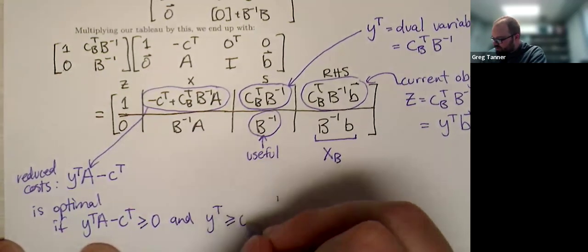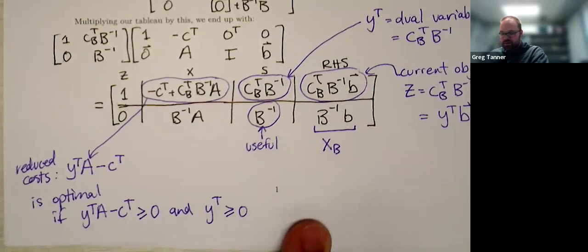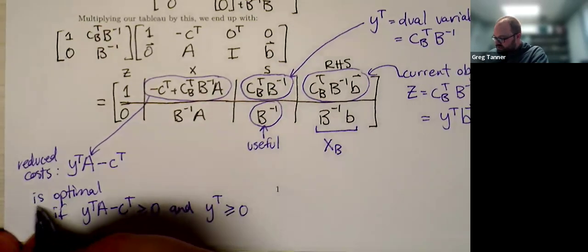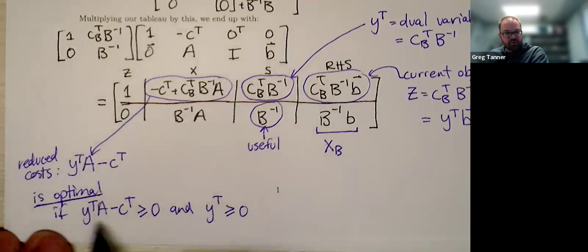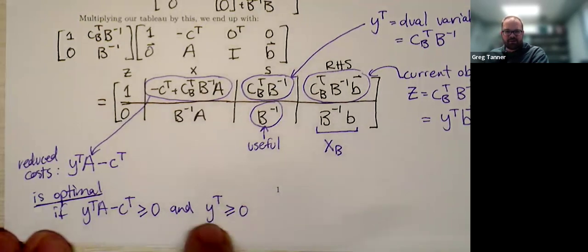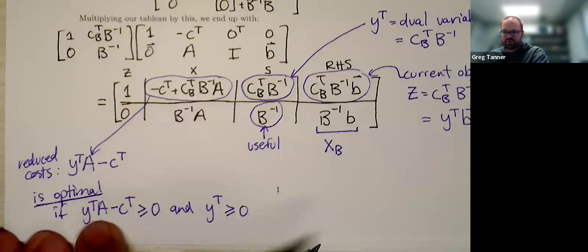So we also need that Y transpose is greater than or equal to 0. Okay, so our tableau, or our basis, is optimal exactly if this condition holds and this condition holds. And if you look at that, that almost looks like constraints: a non-negativity constraint on my dual variables, as well as another constraint involving my A matrix on my dual variables as well. So interesting, and that's going to be essentially the heart of duality in just a second.